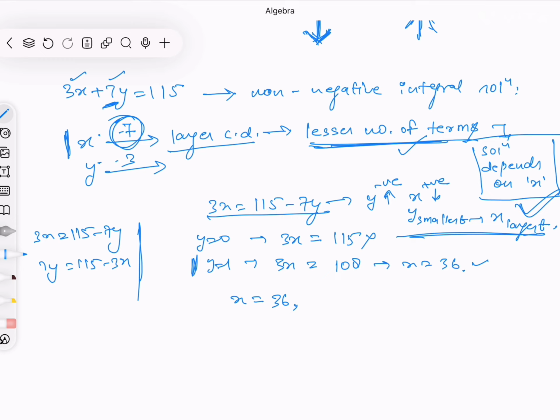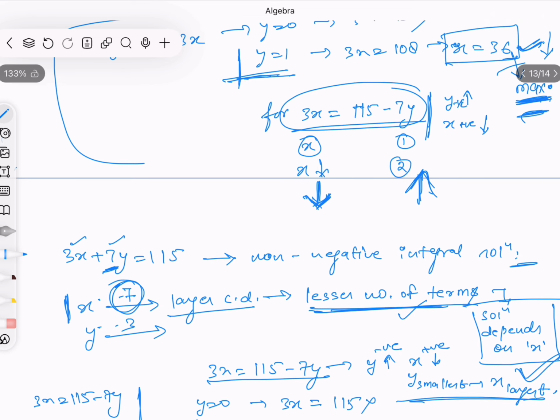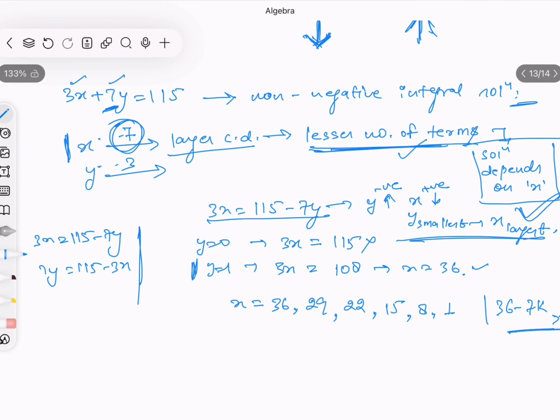What could be a smaller value than this? It will be 29, 36 minus coefficient of y. Then again minus 7, minus 7, minus 7 and minus 7, right? Or 36 minus 7k. Just make sure that it is greater than 0 if you need non-negative integral solutions. If you don't need non-negative, then you could go ahead and find that out.